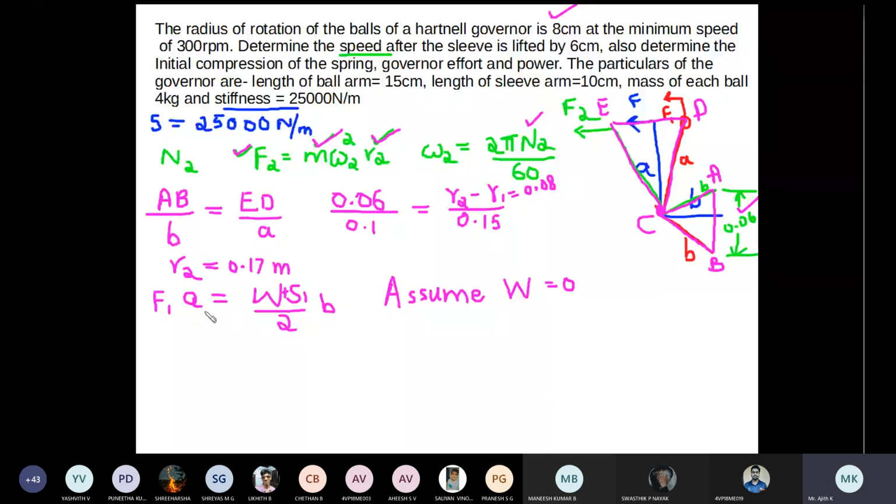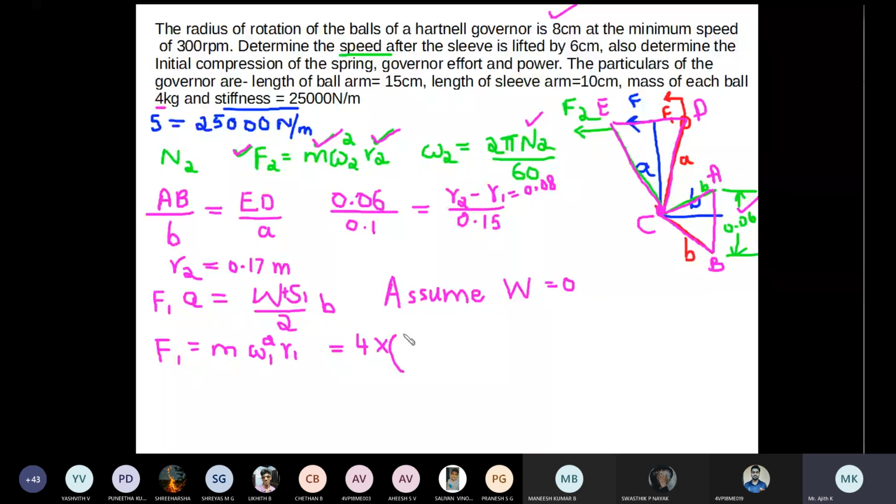Then substitute all the known values. I need the F1 value. F1 is given by m omega 1 square into R1. The value of small letter m, the mass of each ball, is given as 4 kg. Here you need not convert into Newton, keep it in kg only.